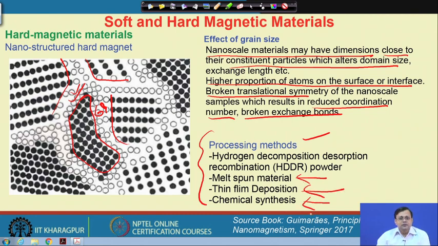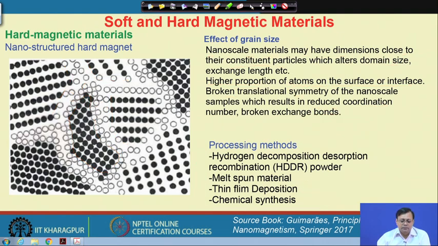We will discuss all these different techniques in detail next week, when we discuss advanced processing techniques. But nevertheless, I should mention that these are very important techniques for producing such hard magnetic materials with a nanoscale microstructure.